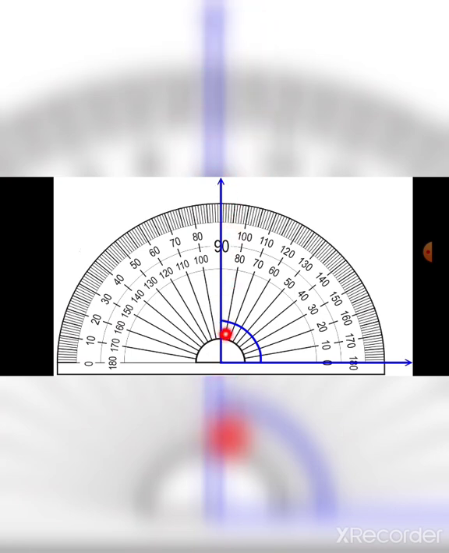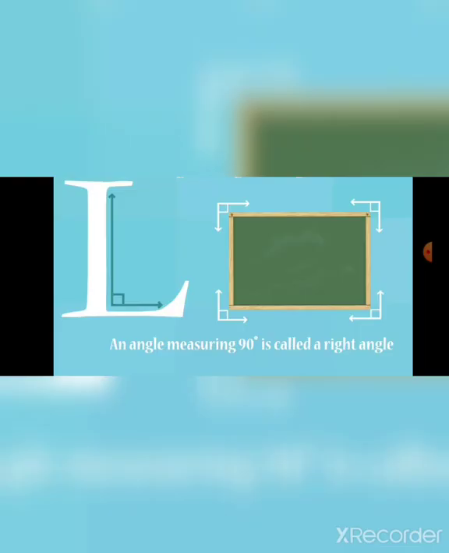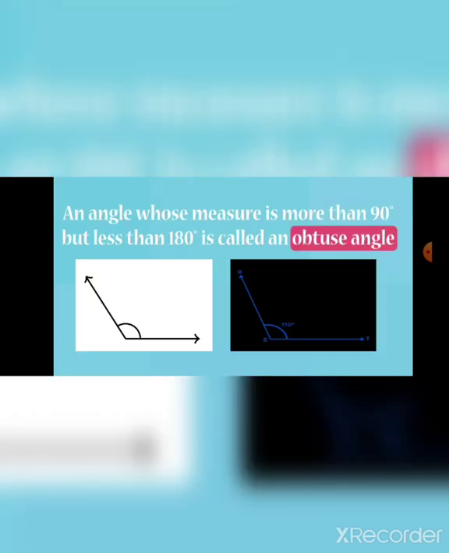So this is how the right angle looks. Now these are the examples of right angle. See, the letter or the alphabet L forms a right angle. Then the whiteboard or the blackboard which are there in the school, the corner of that board forms a right angle.